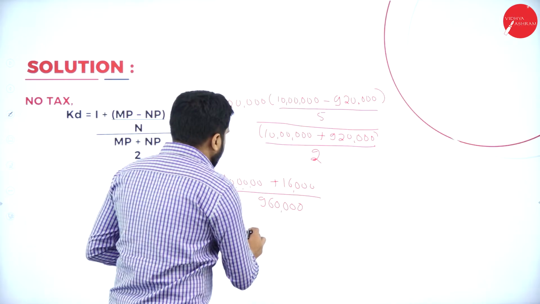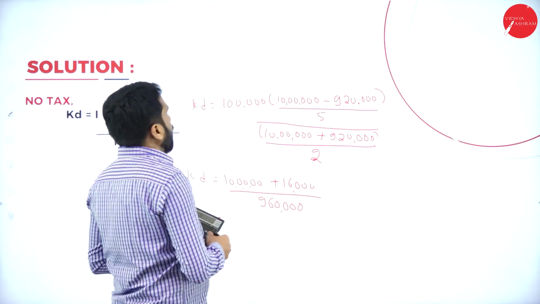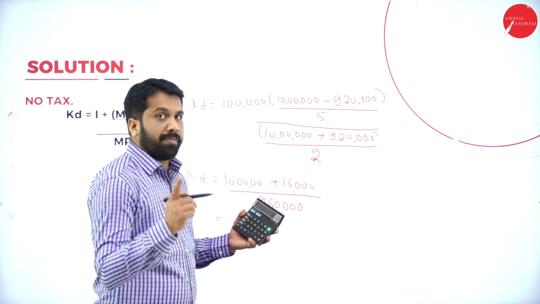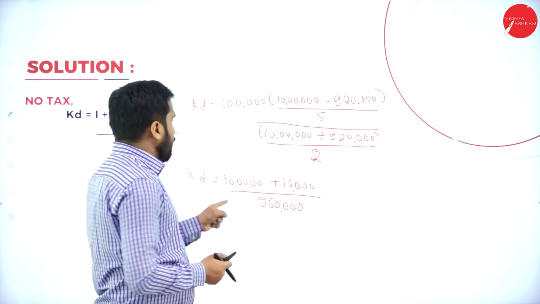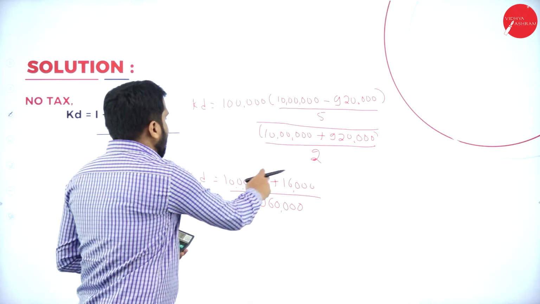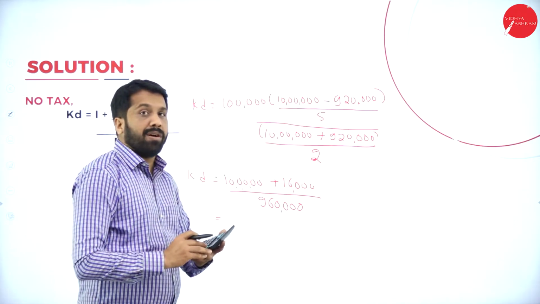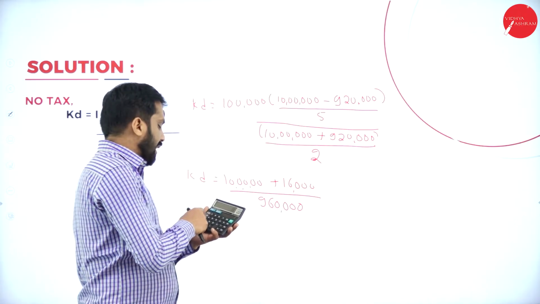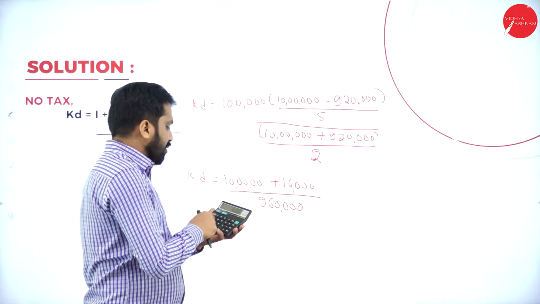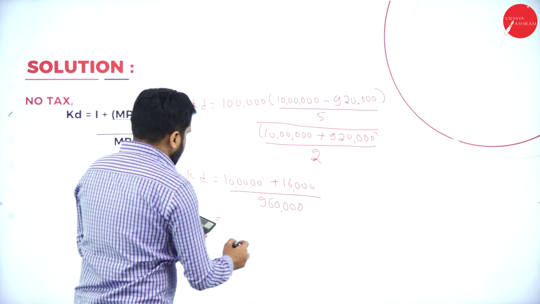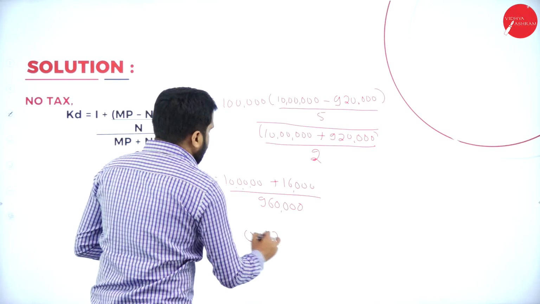It is 0.12 something I'll get. So we have not taken tax here. Remember, this problem is without tax. So this will be 1 lakh plus 16,000. It will be 1,16,000. 1,16,000 divided by 9,60,000. So it will be 0.12.